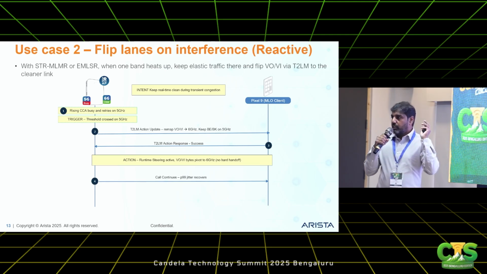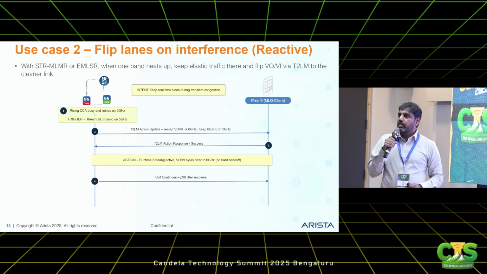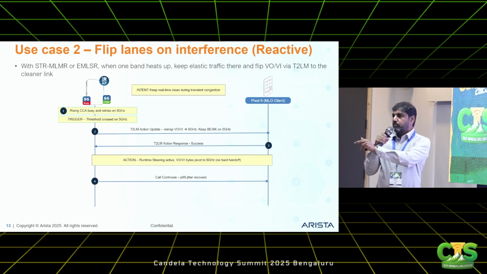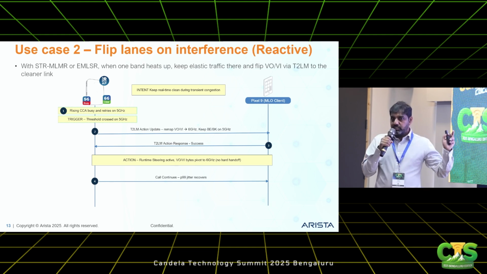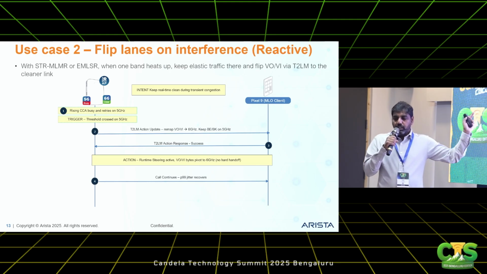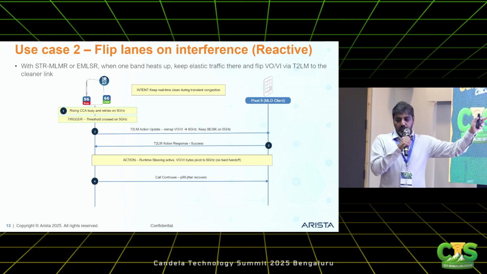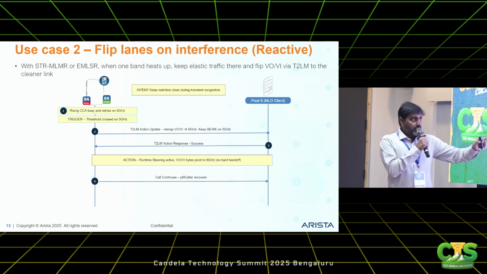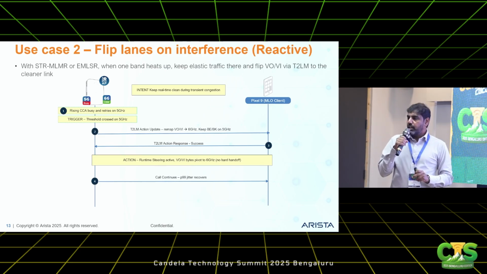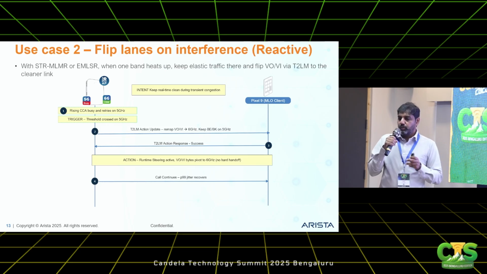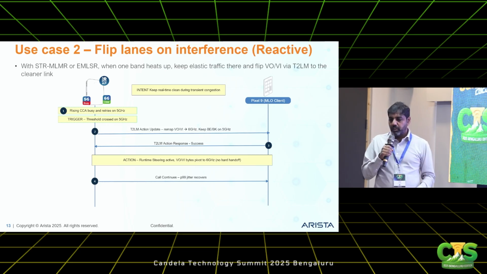Then the AP can immediately send an action frame saying, okay, map voice and video to 6 gigahertz and keep your bulk of traffic on 2.4 or 5, right? And once the T2LM exchange is successful, the policy gets updated. With this, the call quality will be maintained and there won't be any jitter, because the bulk of your best effort is going on the other lane.